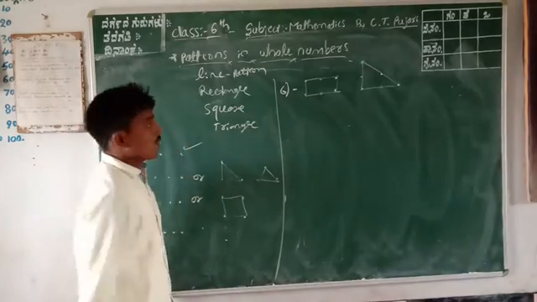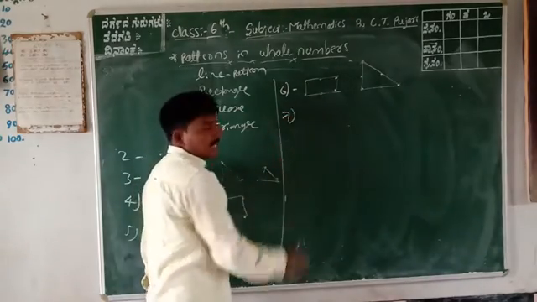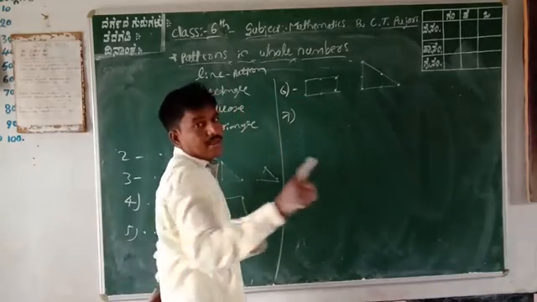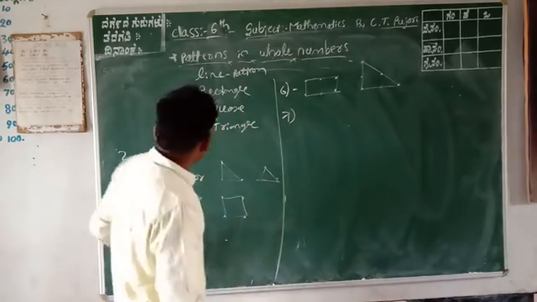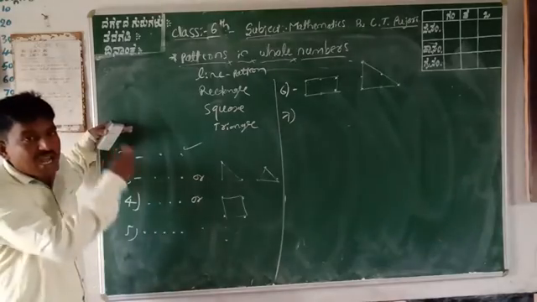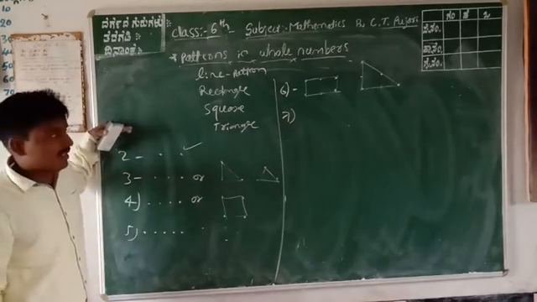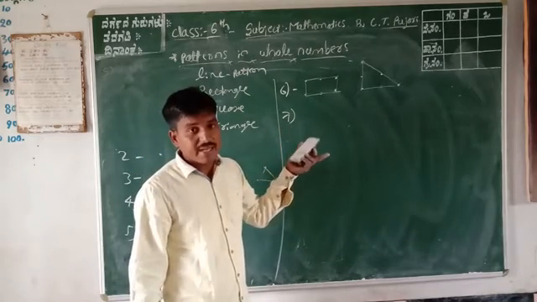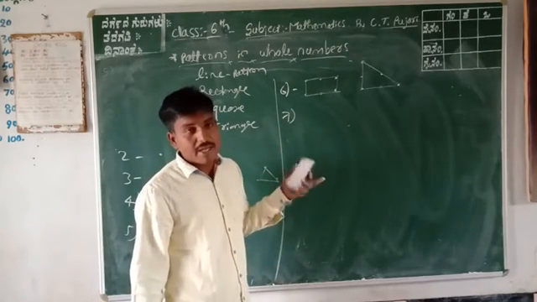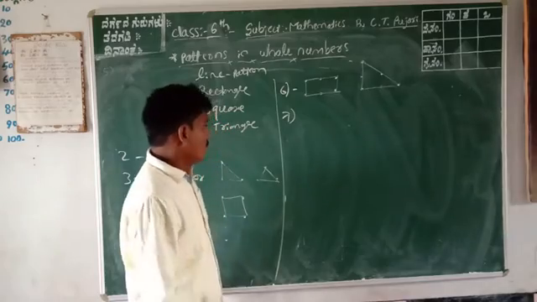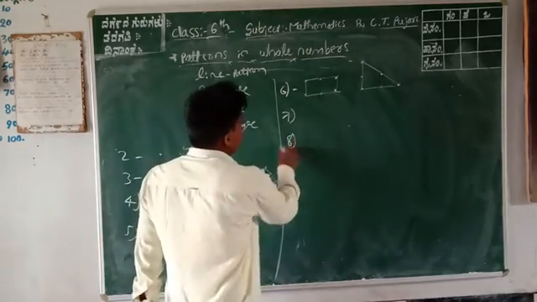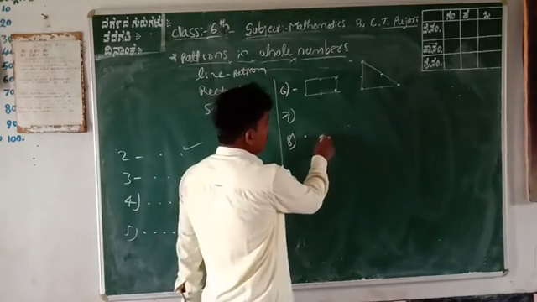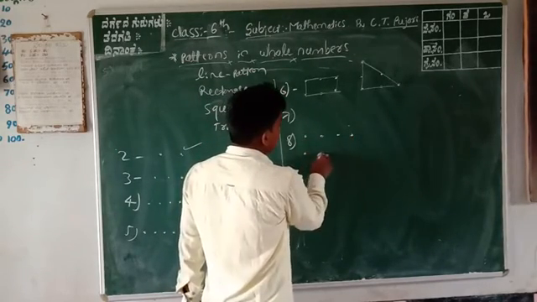What about 7? In which type of pattern do you write 7? 7 is written in a line pattern. Except for that, it is not a rectangle, not a square, not a triangle. Next, the number 8 you can write as a rectangle: 1 2 3 4, 1 2 3 4.